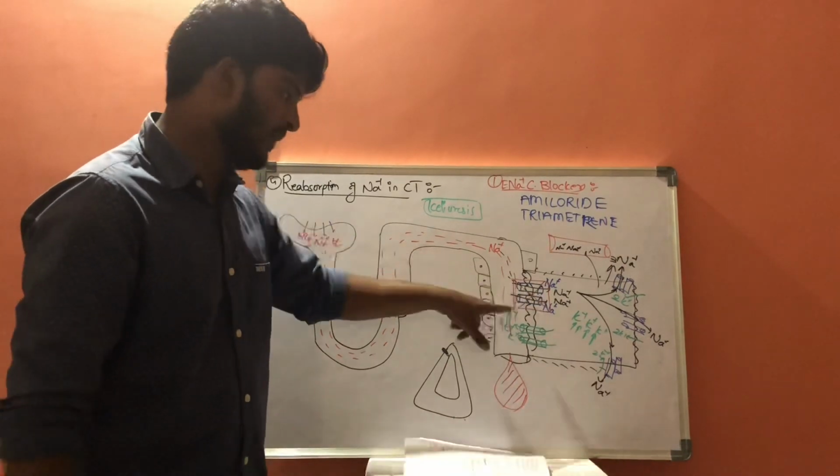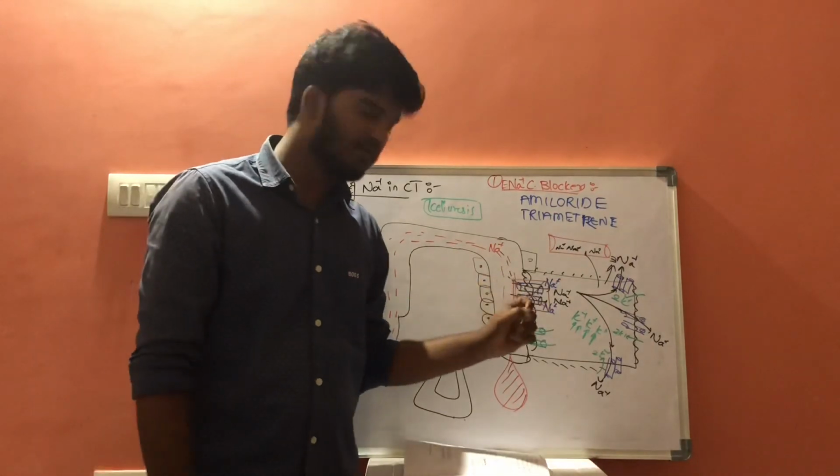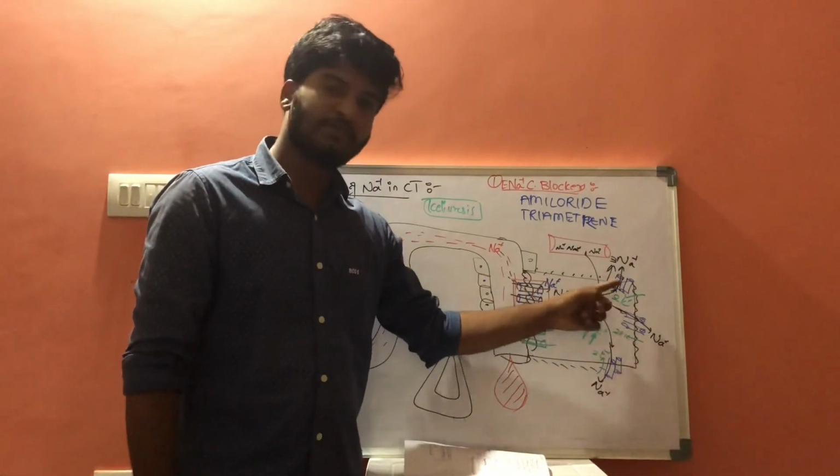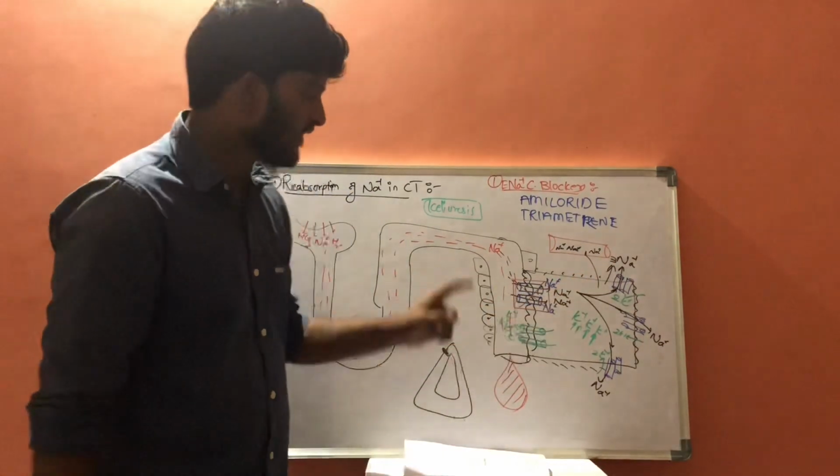If there is opening of sodium channels, there will be influx of sodium ions. If there is influx of sodium ions, there will be more activation of sodium potassium ATPases. That means there will be more reabsorption of sodium ions, and that is the first function.